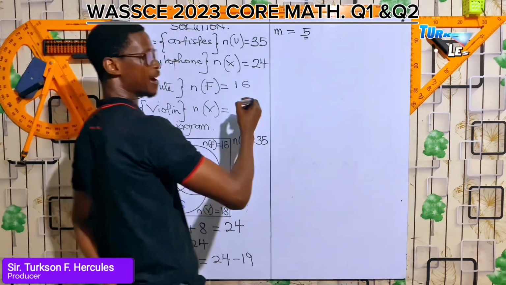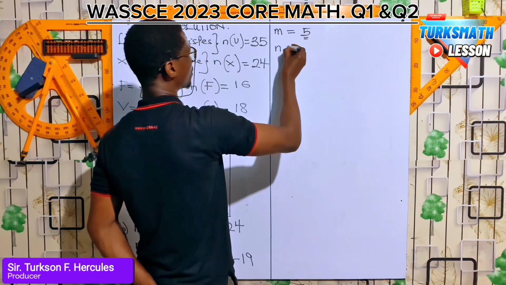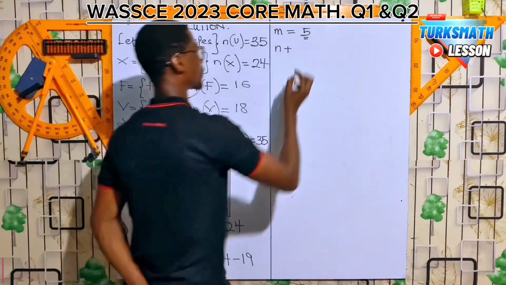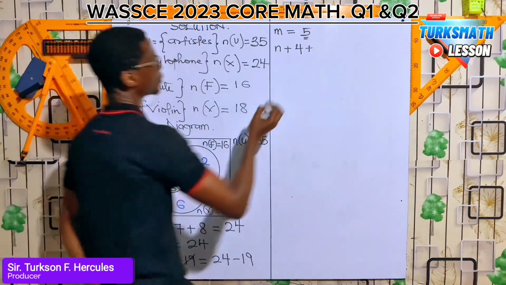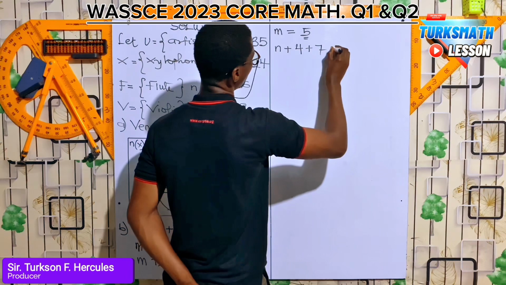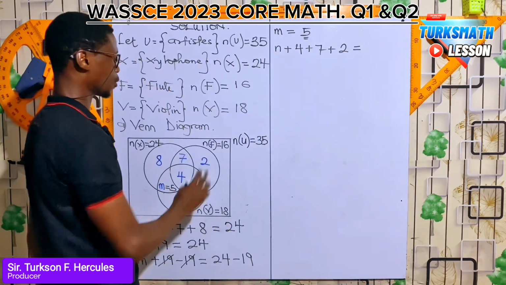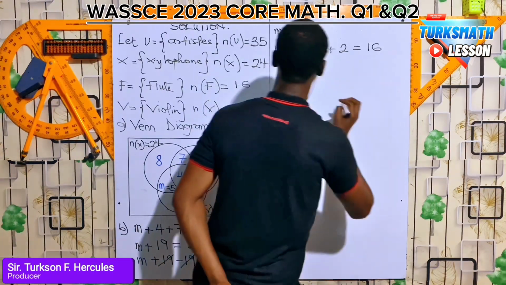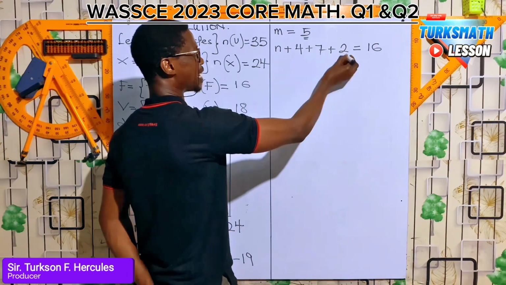Now let's get our N. Equals flute, which is 16. So we are going to have 4 plus 7, 11 plus 2, 13.